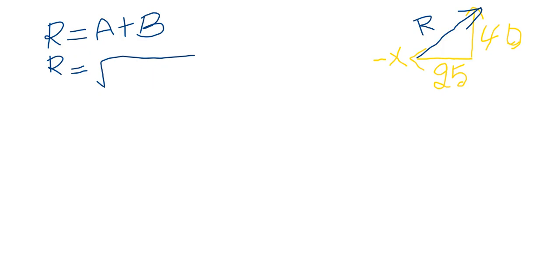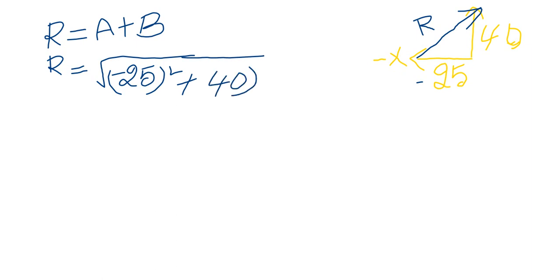the value of the x component is minus 25. So minus 25 whole square plus b is 40 whole square. 25 squared is 625.